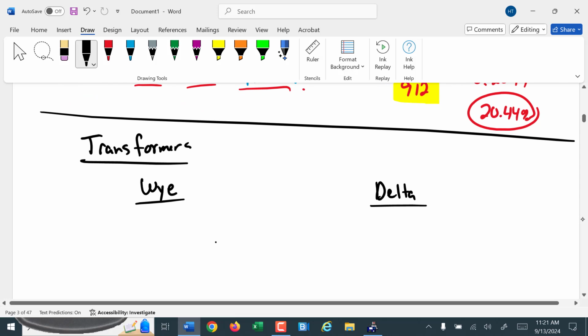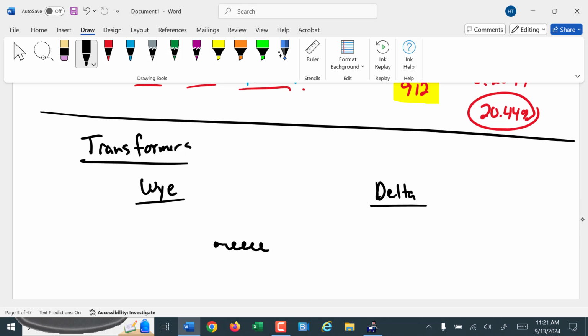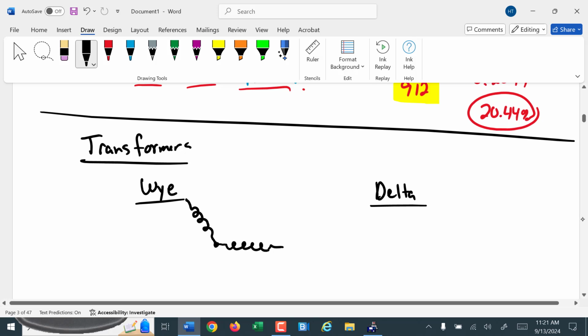So a Y transformer is 3 inductors that are connected in the center. Pretend those look like coils. They are oriented in a circle like this, evenly spaced, which means that the angle between any of them is 120 degrees.